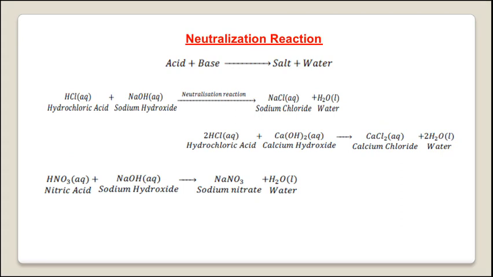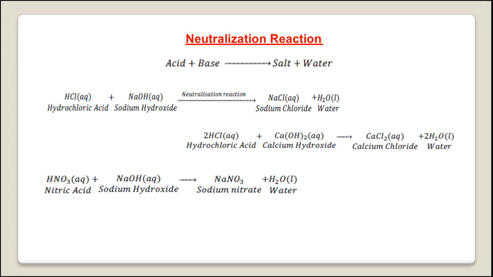That will be explained in the next video, the video on salts. For example, hydrochloric acid HCl, when it reacts with the base sodium hydroxide, a neutralization reaction takes place, and the products are salt and water. A neutralization reaction is a reaction in which an acid reacts with a base to produce salt and water. It is called neutralization because acid and base both neutralize each other's effect and become salt.